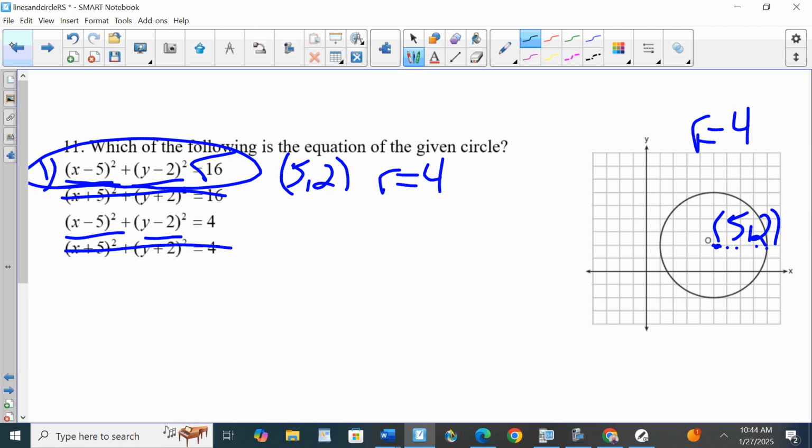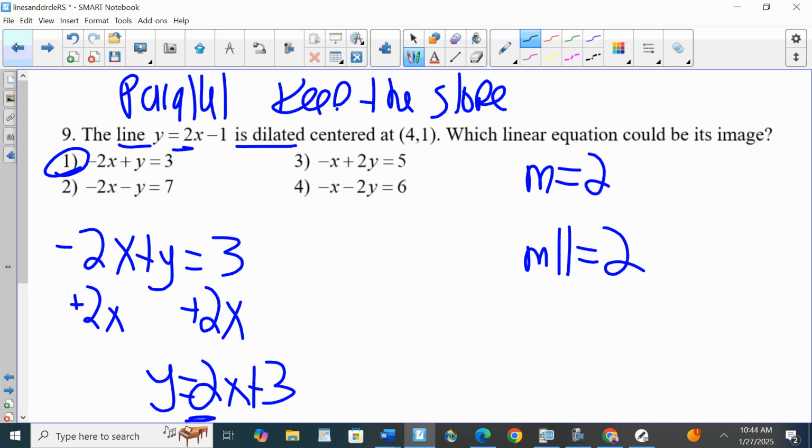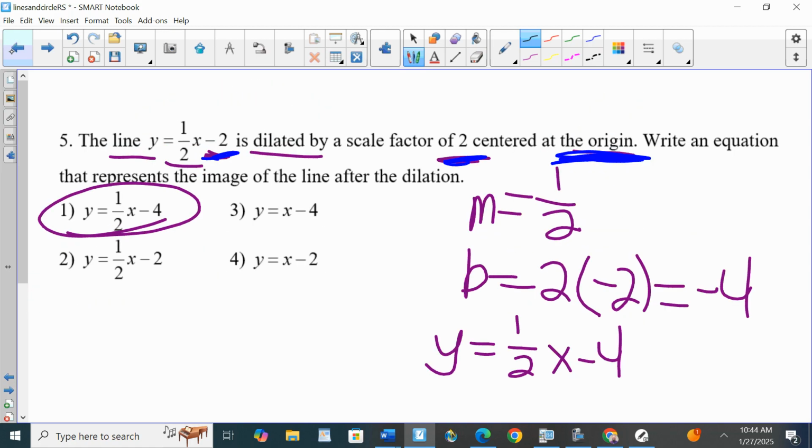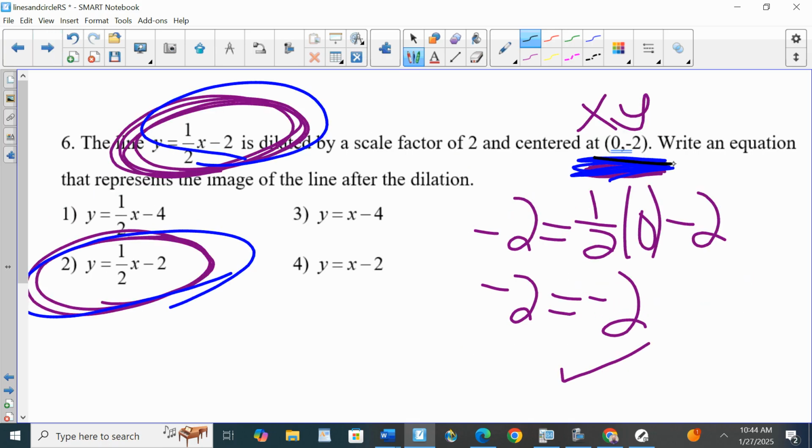Same type of thing, but in a multiple choice version. Line dilations, parallel, keep the slope. If it doesn't say the center and or scale factor, all we know is that it's parallel, that the slope is the same, so we have to find which one has the same slope by getting y by itself. Otherwise, for line dilations, the cheat, if it's centered at the origin, multiply the scale factor in b. If it's not the origin, it's the same thing.